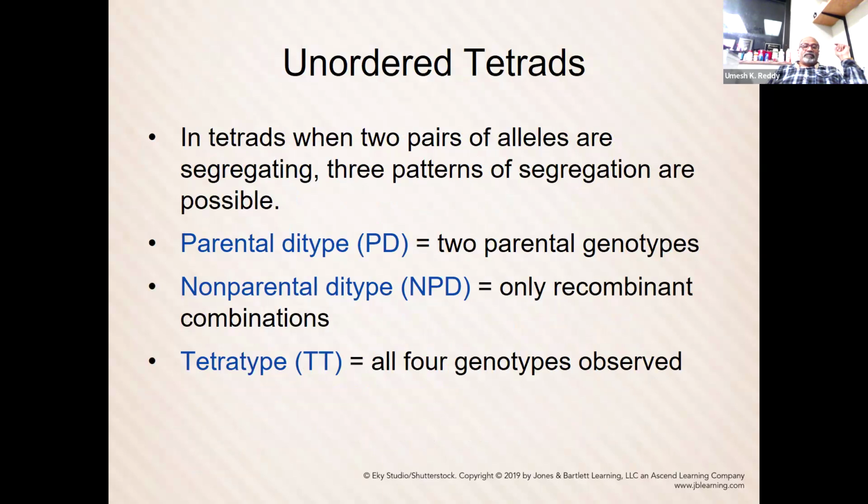So there are 3 different kinds. Parental ditypes are just looking like parents. Non-parental ditypes are not looking like parents, but there is no recombination involved. Okay, all of them are looking like recombinant combinations, but there is no crossover there. Tetratypes are where half of them have undergone crossover because of chiasma formation.